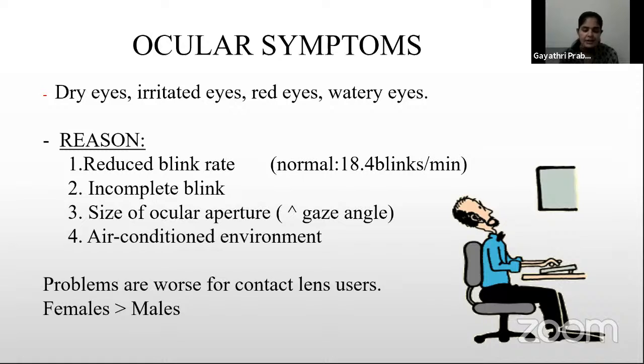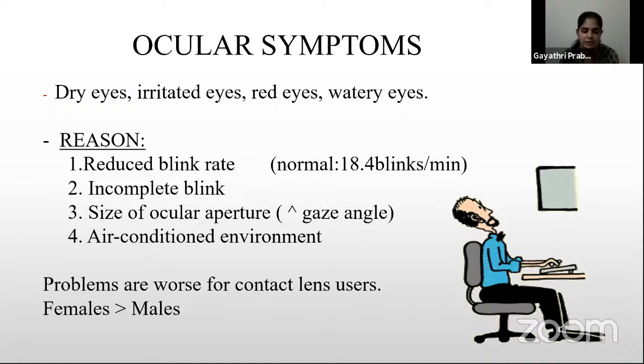The next factor is that all of us are mostly working in air-conditioned environments, both at office and at home, and that causes reduced humidity. Because of low humidity, there is faster evaporation of tears, and that leads to dryness. So these are the four reasons why we basically experience dryness.